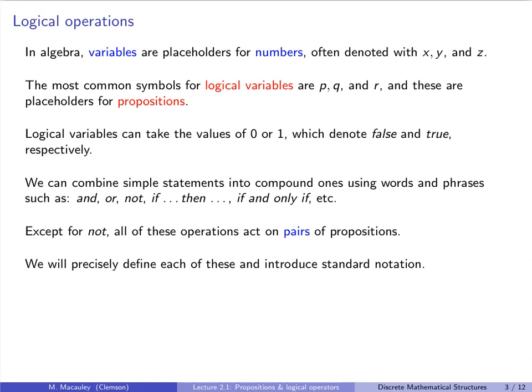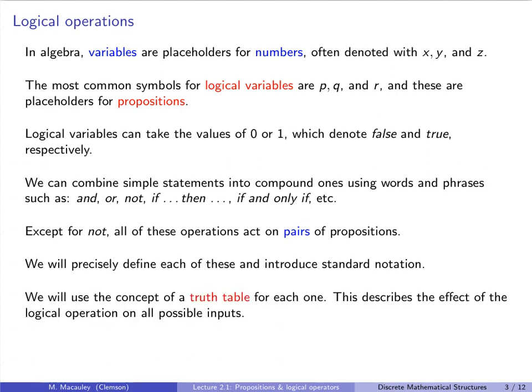We will precisely define each of these and introduce standard notation. We will use the concept of a truth table for each one. This describes the effect of the logical operation on all possible inputs.